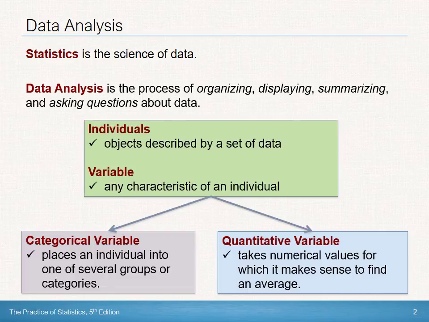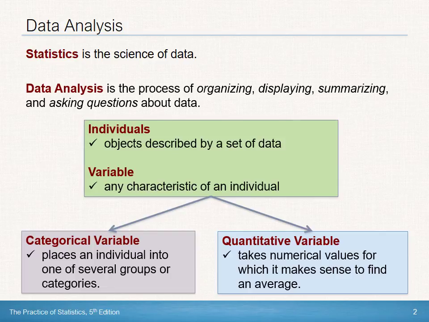Okay, because it's a category. We put that person into an age group, into a category of an age group. A quantitative variable is something that it makes sense to take an average of. If I had age groups and I didn't know how old the person was specifically, I just knew that they were in an age group, it doesn't really make sense to take an average of that value. So be really careful with that kind of stuff.